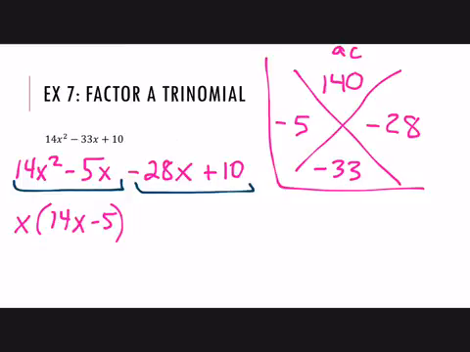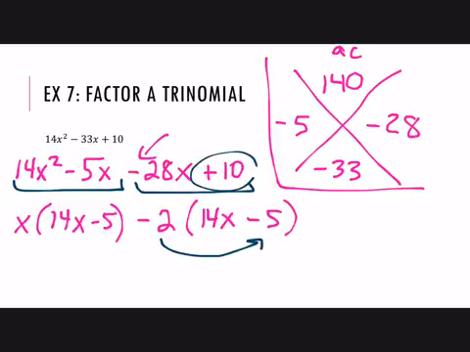And again, if you have a negative like this, I'm going to take that out as well. So a negative 1. And then the greatest common factor of 28 and 10 looks like a 2. All right, well, what's left? 14x. And then since I took out a negative, this is now going to be a negative 5. So think about remultiplying. Negative 2 times what makes positive 10? It would need to be a negative 5.